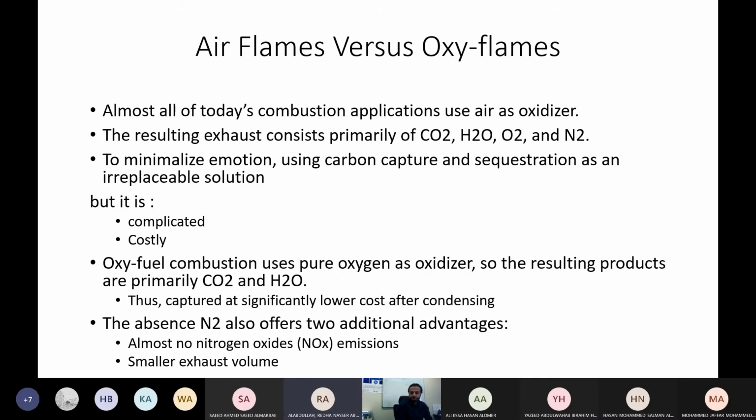The former can thus be captured at significantly lower cost after condensing the latter, and the absence of nitrogen also offers two additional advantages: almost no nitrogen oxidation, and also a smaller exhaust volume, which allows us to use more efficient treatment equipment.